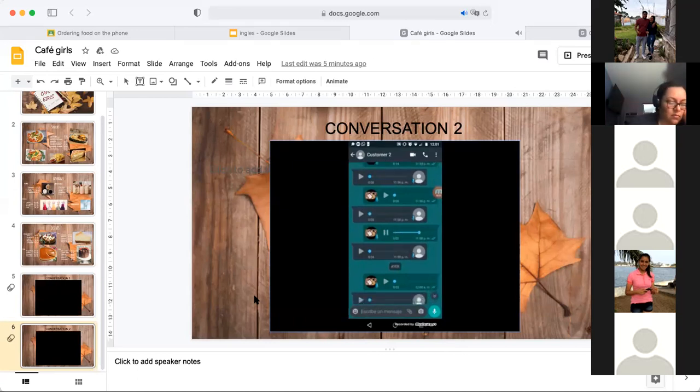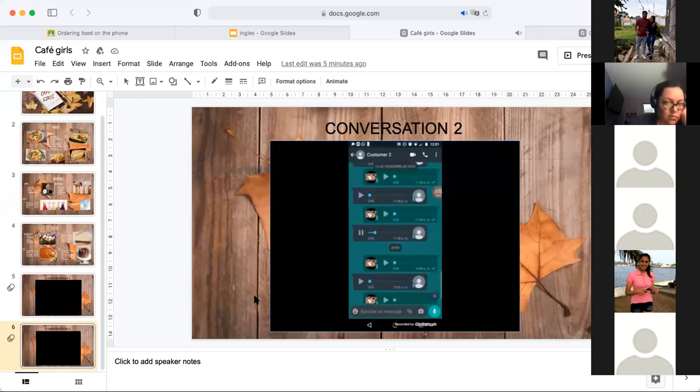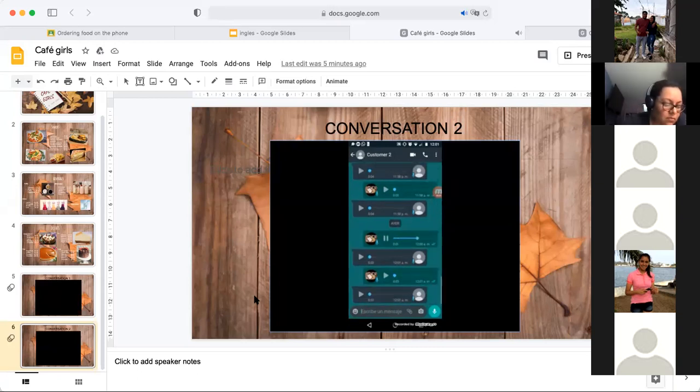One or two? One and a small berry soda. Perfect. It's all. Yes. How much is it? $10.80. Good, thanks.